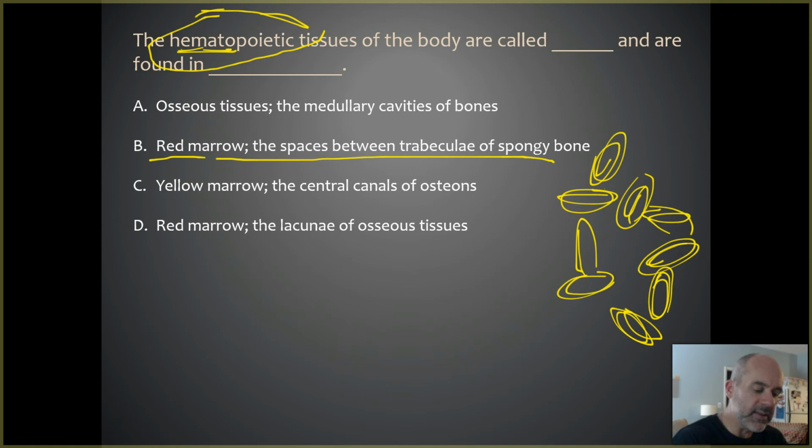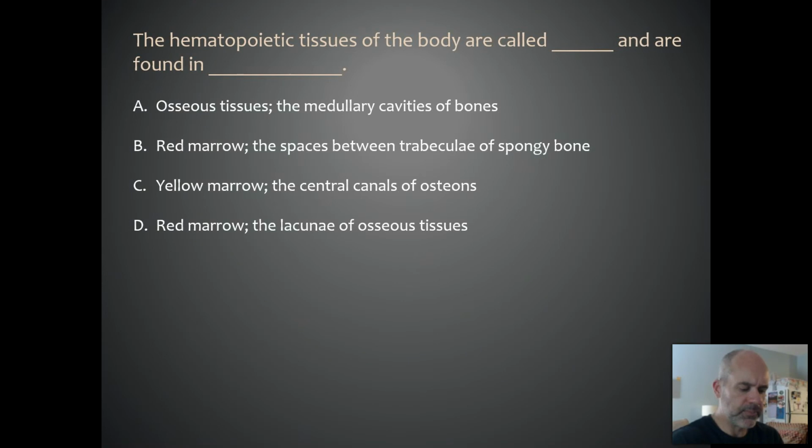So in the spaces in between those trabeculae, this is where you have your red marrow in many parts of the body. Now when you're younger, or when you're first born, you have red marrow in many other locations as well, but as you get older, red marrow tends to get replaced with yellow marrow.